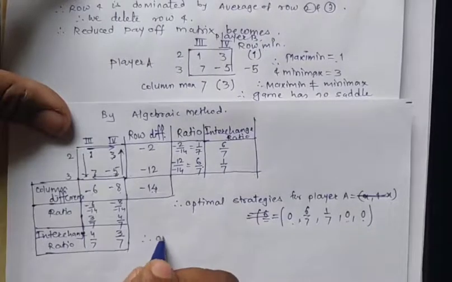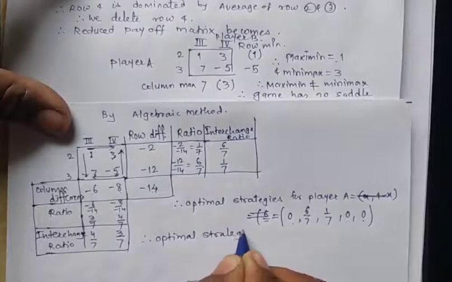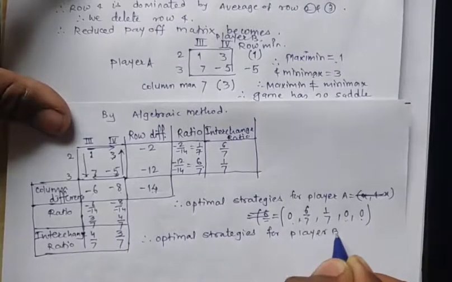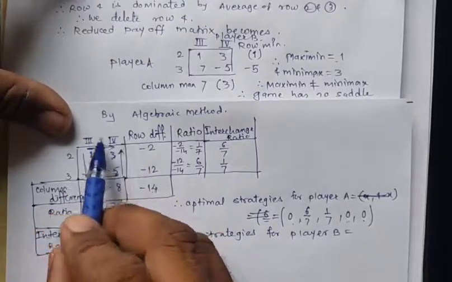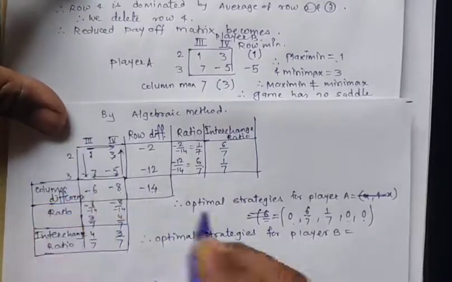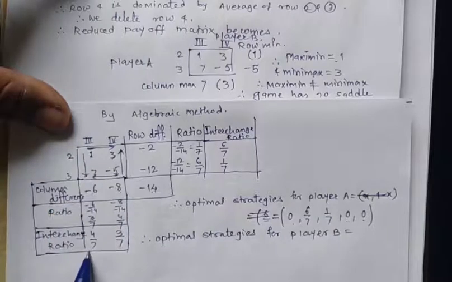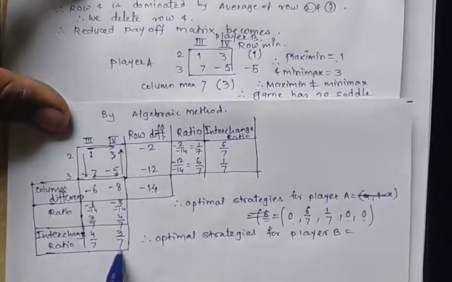Now the optimal strategies for player B. Player B has a total of 6 strategies. Here only in the third strategy we have value 4 by 7, and in the fourth strategy we have value 3 by 7.